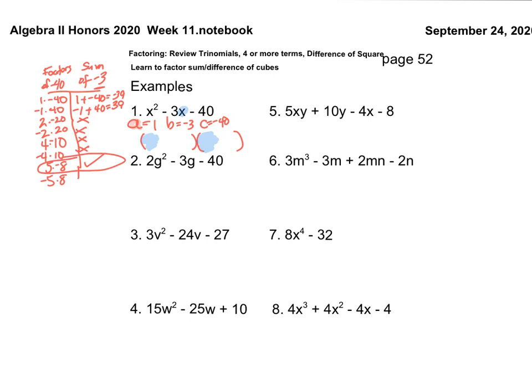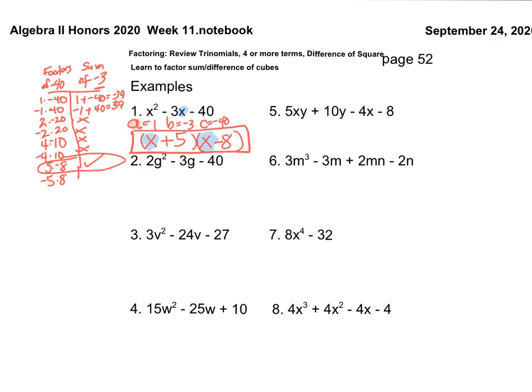Then I need to look at my factors. I have a +5, so a +5, and I have a -8, so -8. That means that x squared minus 3x minus 40 would factor into x plus 5 times x minus 8.